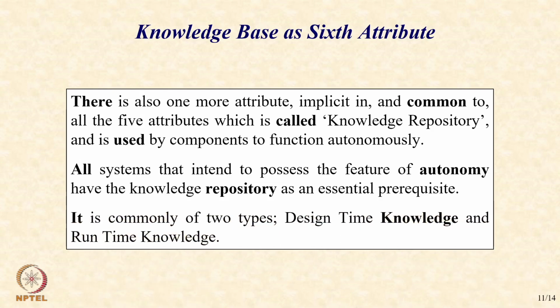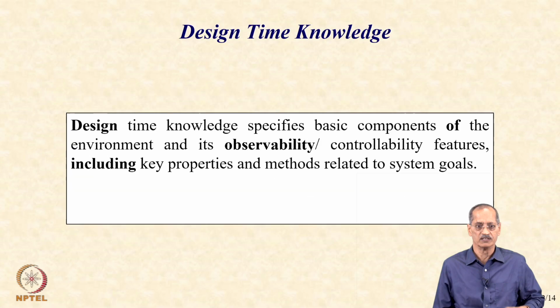It is commonly of 2 types: design time knowledge and runtime knowledge. Design time knowledge is something which, as the designer of a system, you implement based on your own understanding of that problem. And runtime knowledge is the one which the system acquires through the learning or self-adaptation attribute as it operates in the real world.